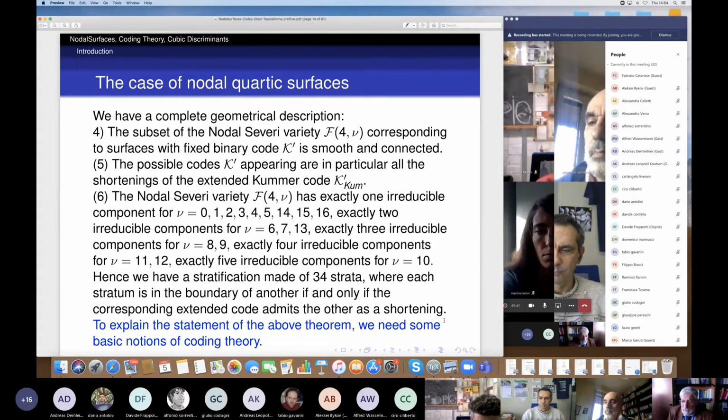So, I will ruin the suspense: shortening is the equivalent of the geometrical concept of small deformation.